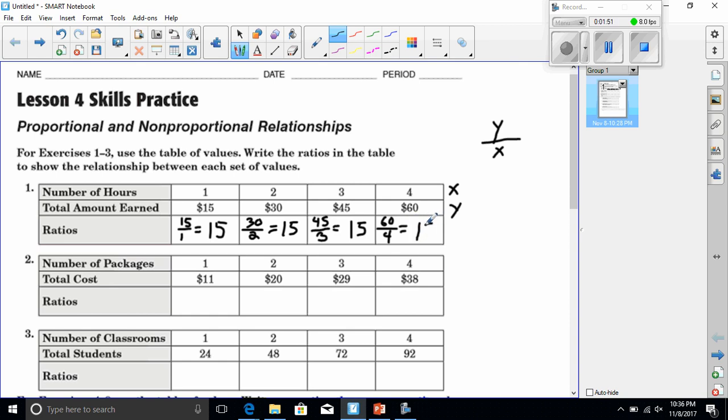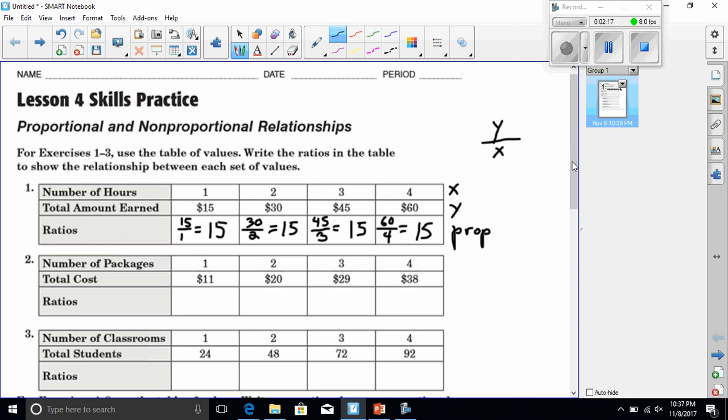As we learned in class, if our ratios are the same in every single column, which they are, we know that this is a proportional relationship. So we're just going to put proportional, and the ratio, of course, is 15 across.